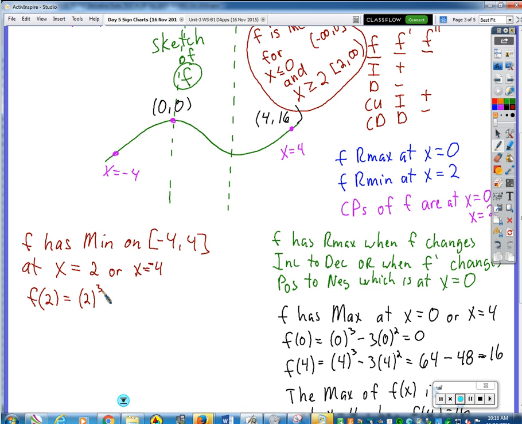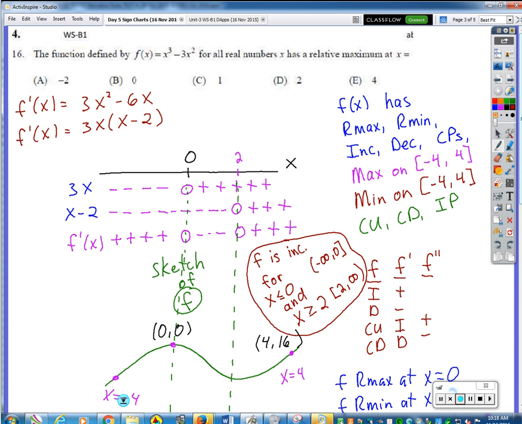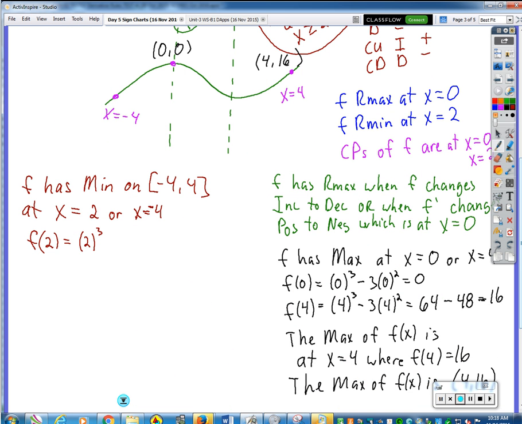So the equation for F was way up here at the beginning. It's take the x value, cube it minus 3 times the value squared. So that's what I'm doing. 2 cubed minus 3 times 2 squared. So that's 8. Subtract, see that's 12, right? So -4.